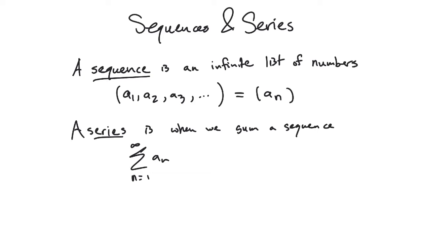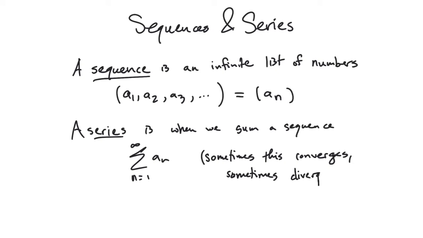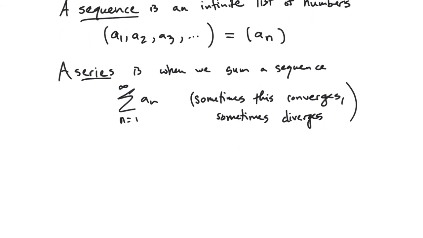I will just say in parentheses, sometimes this converges, meaning it actually adds up to something, and sometimes it diverges, meaning either it adds up but becomes infinite, or something else weird happens. All of these things we're going to talk about eventually, but for today we're going to focus on sequences. Any questions about the terminology so far? I think hopefully these are ideas that you've encountered before.